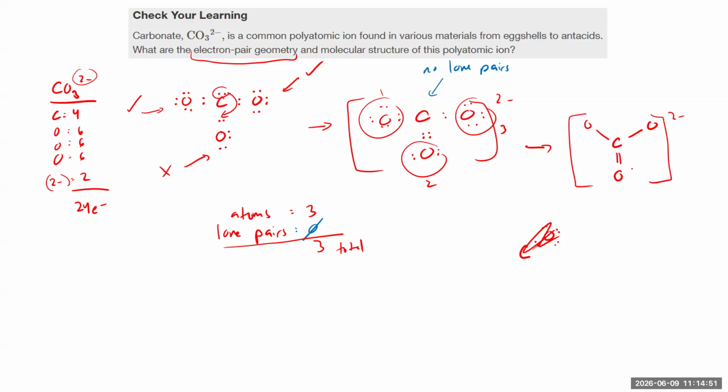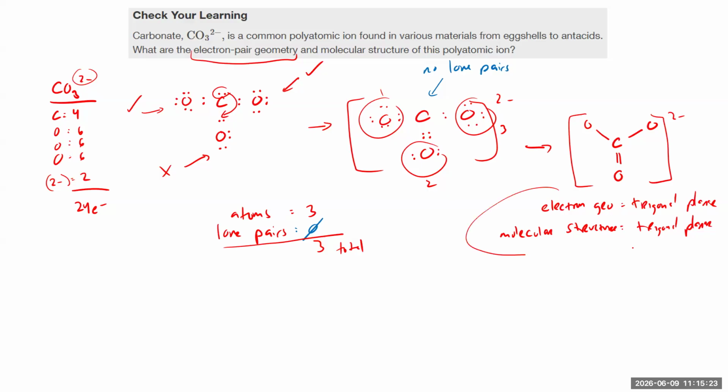And with the 2 minus, that's going to be electron geometry of trigonal planar. Now, since the CO3 does not have any lone pairs, the molecular structure is going to be the same thing. Trigonal planar. Because there are no lone pairs on the center atom. So it's the same thing.